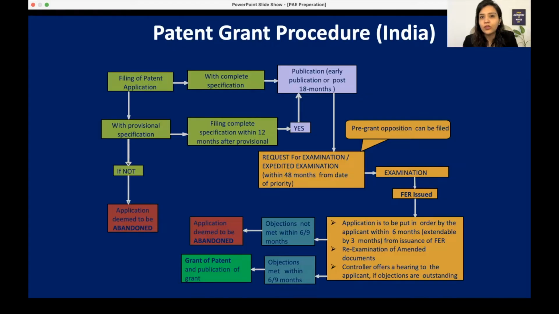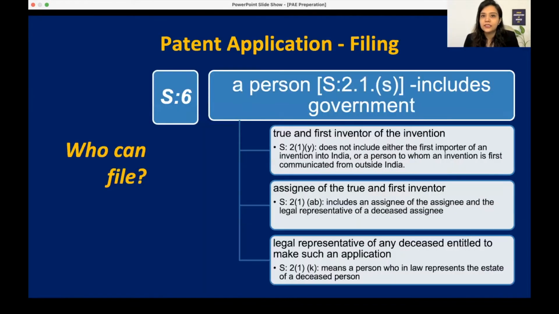In the next video we'll study about what is patent specification, what are the requirements of the specification and the claims. So let's start with section 6, which is one of the important sections for the purpose of probably an objective question or a subjective question too. This section is who can file a patent.